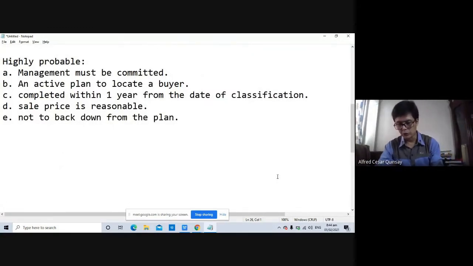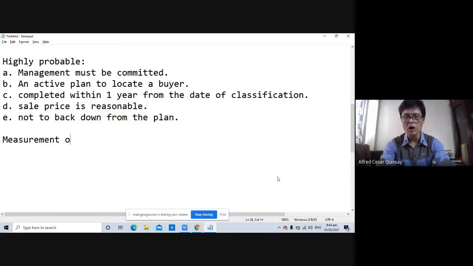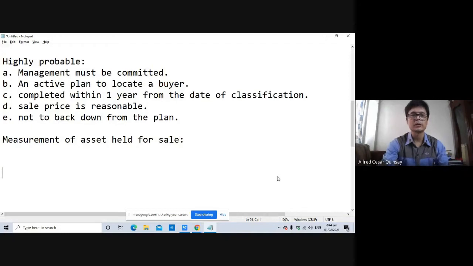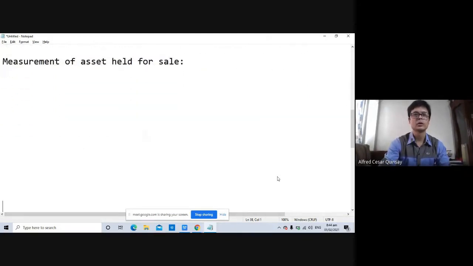Let's look at the measurement of the said asset. Measurement of asset held for sale. So, paano natin mini-measure ito? Okay, so sabi dito, no?